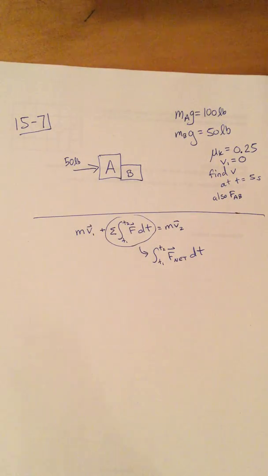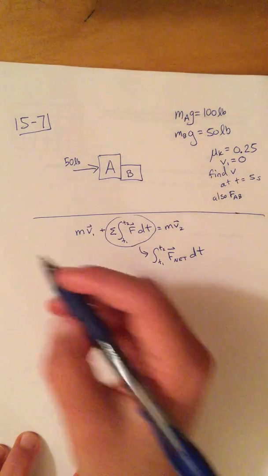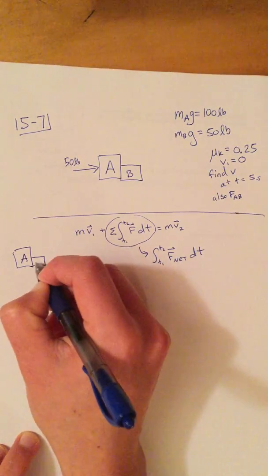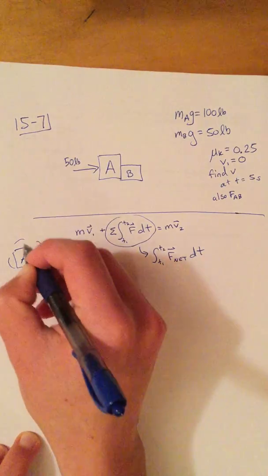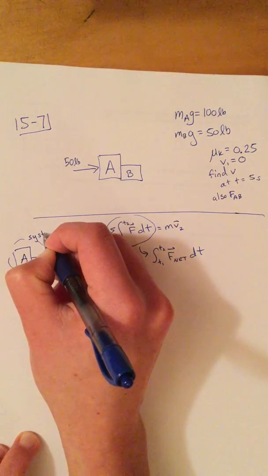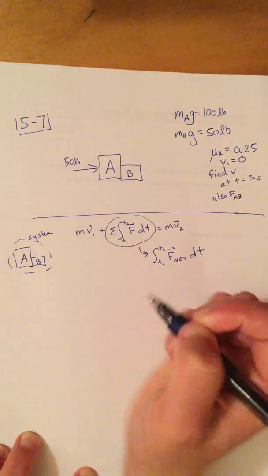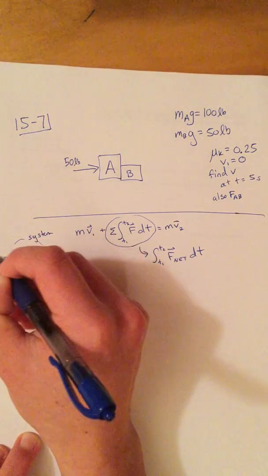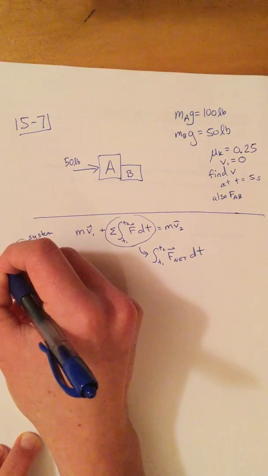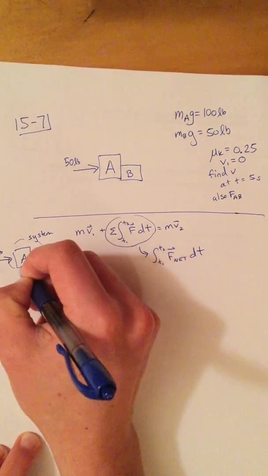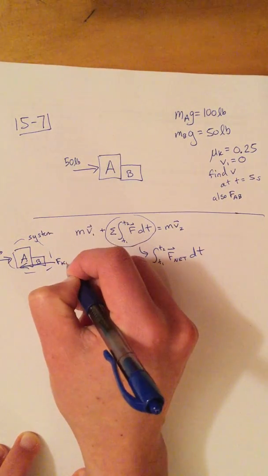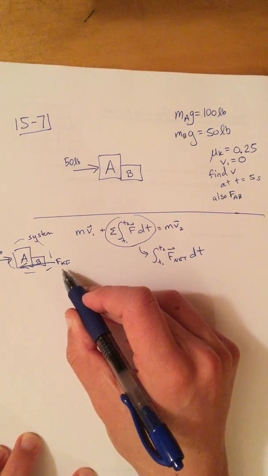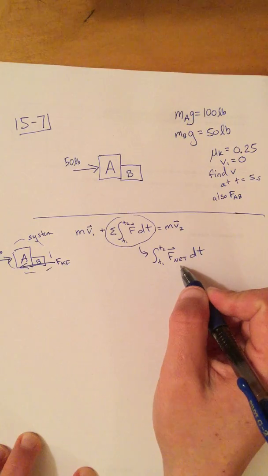Okay, so our system here is crate A and crate B. If we choose this to be the system, this is the net force acting on the system. Acting on the system, we have this 50-pound force, and we have the force of kinetic friction. These forces are not changing in time, so they can come outside the integral.